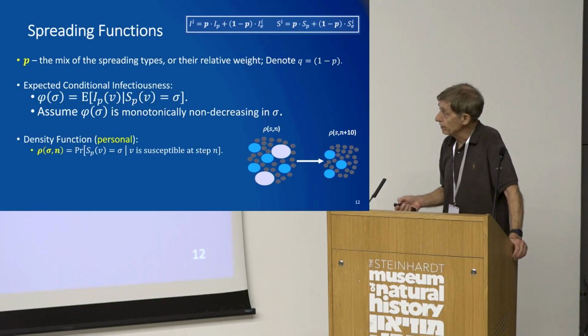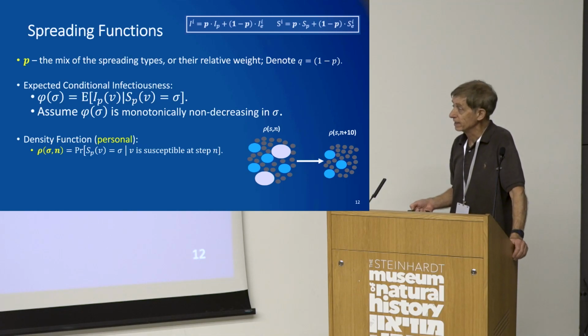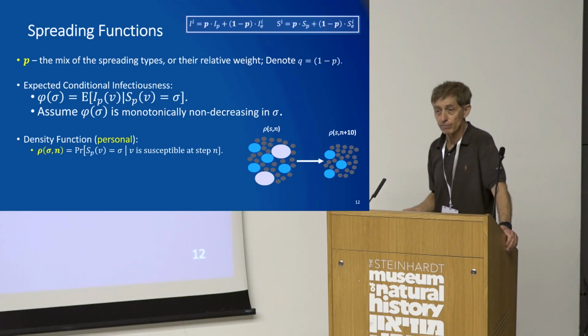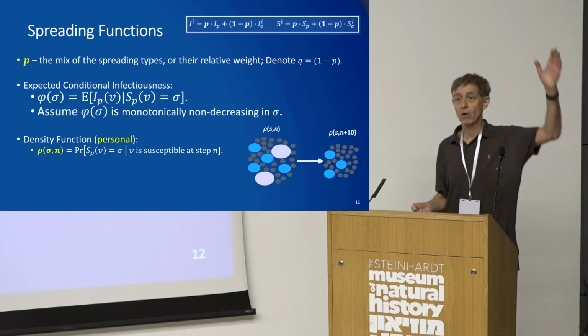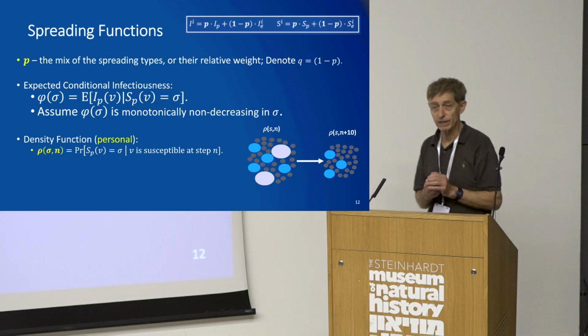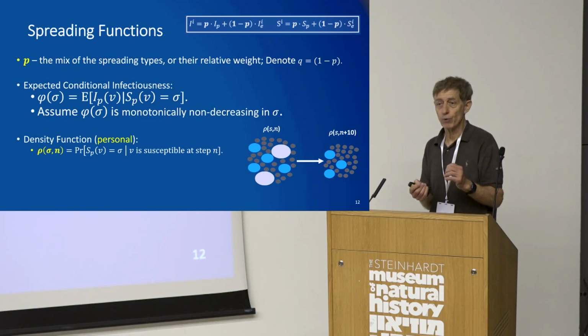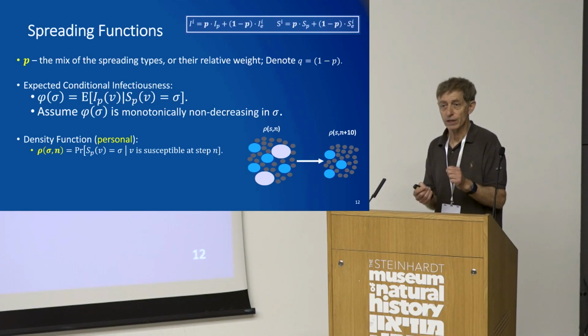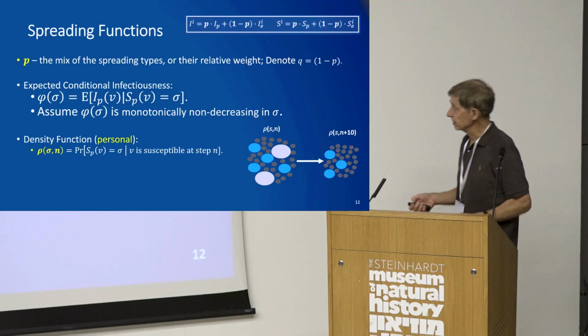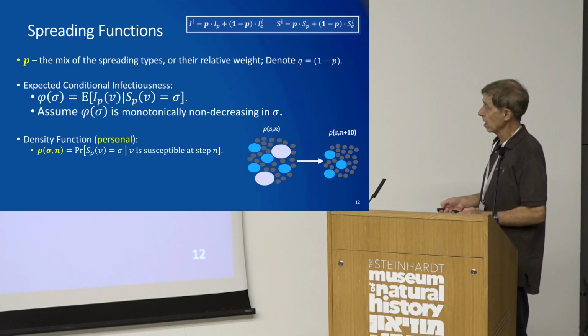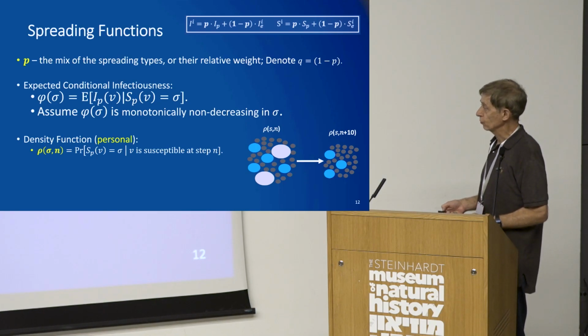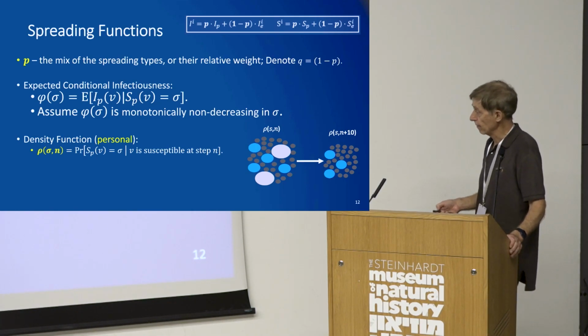And once we have this assumption, we analyze the density of the susceptibility in the population. We track along the process of the pandemic what fraction of the population is very infective, what fraction is less infective. Or in a sense, we start the pandemic with a lot of people who are very little infective, some medium, and some very heavy infectors, very heavy spreaders.